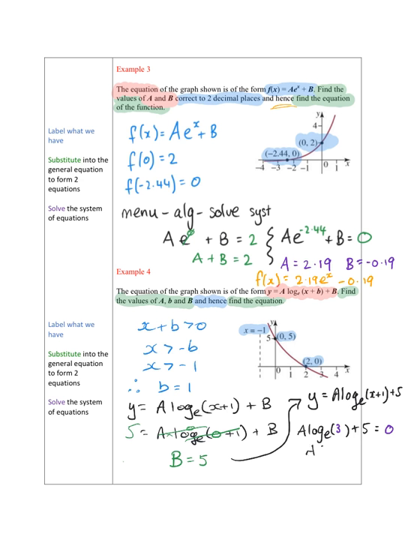If I let a log e 3 now equal negative 5, and I divide both sides by log e 3, then I can see that a is equal to a number which is negative 5 over the natural log of 3.